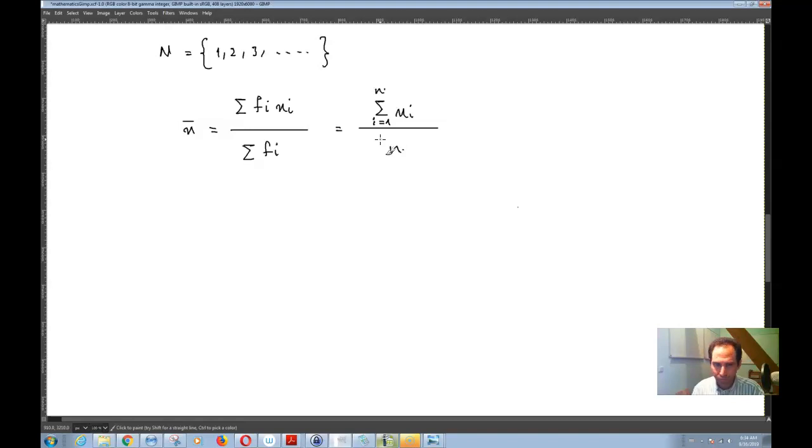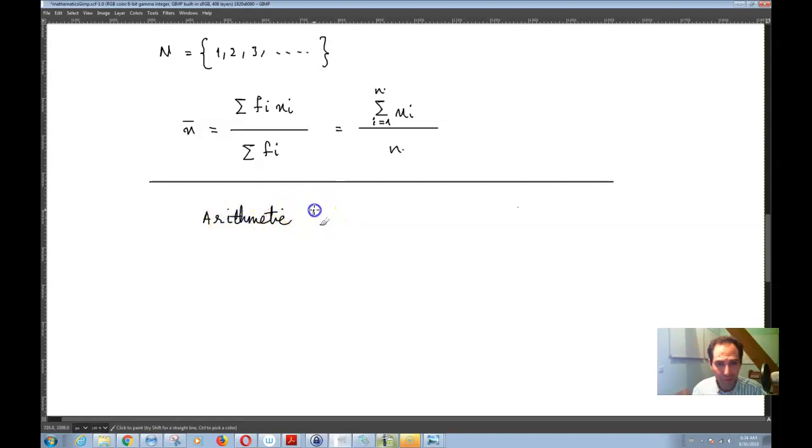You see, there is something called an arithmetic progression. There is something called an arithmetic progression, and a progression is a bunch of numbers that progress.